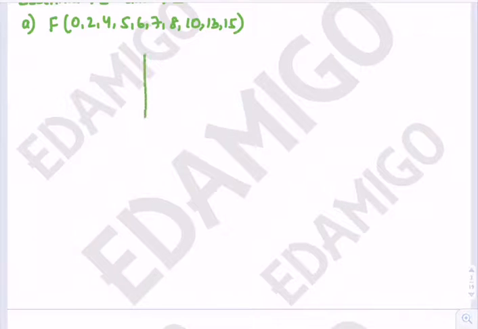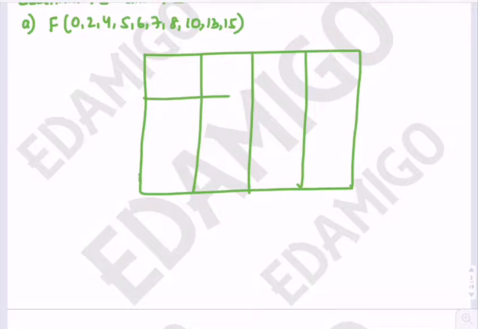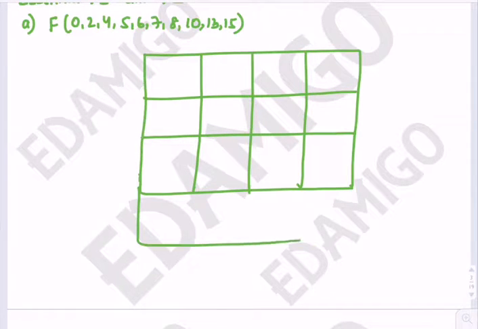So I will be drawing the K-map of 4 variables w, x, y and z.